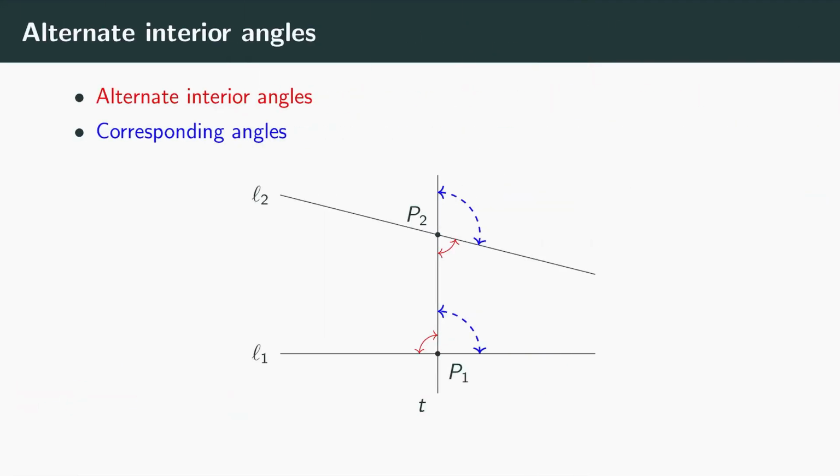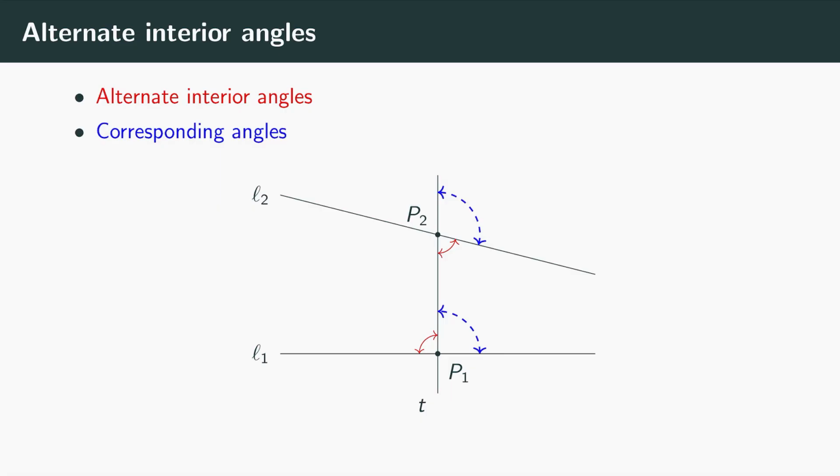Okay, and then once I have this arrangement with two lines and a transversal to my two lines, we have a bunch of angles that are of interest. The first kind of pairs of angles we're interested in are these so-called alternate interior angles. Those I've indicated in red. We also have something called corresponding angles. The corresponding angles I have in the dashed blue there.